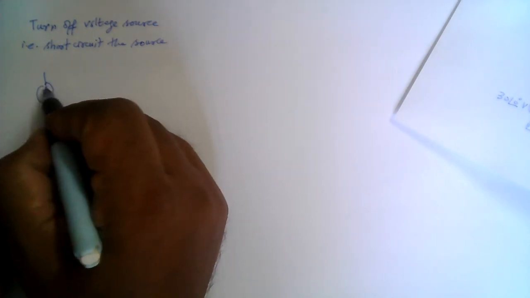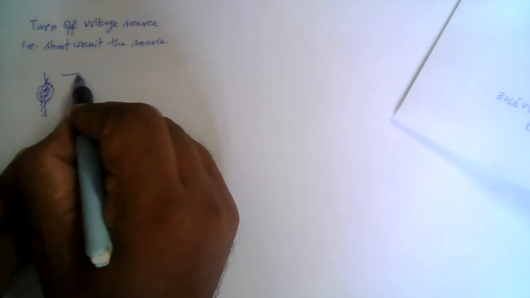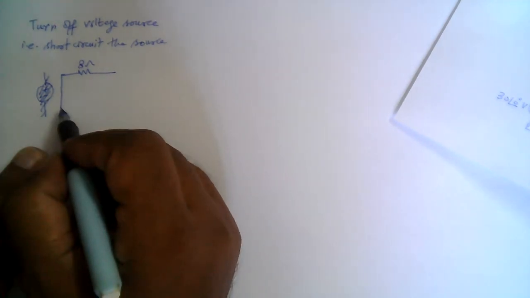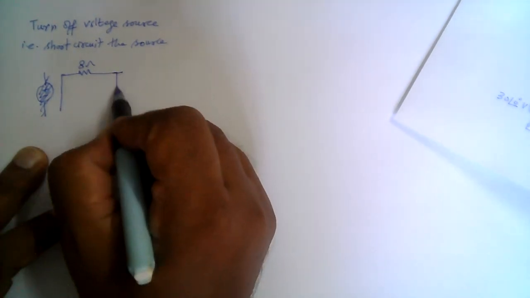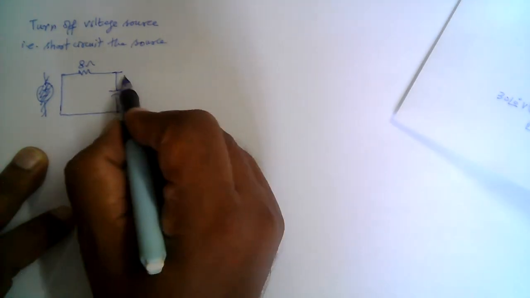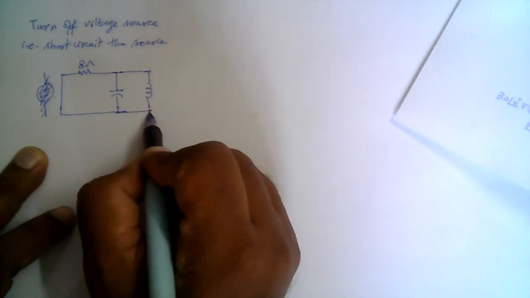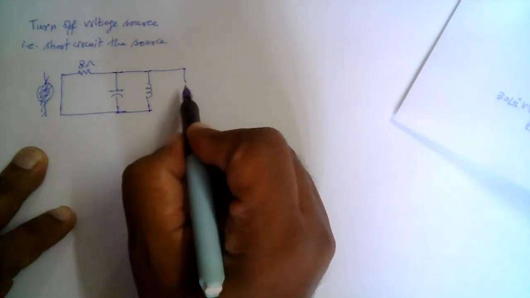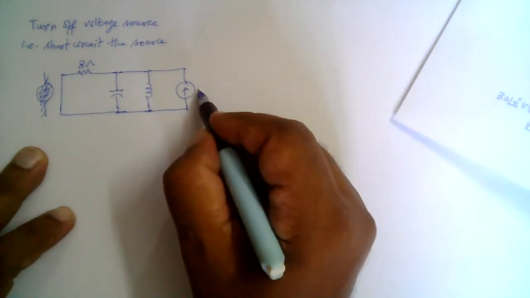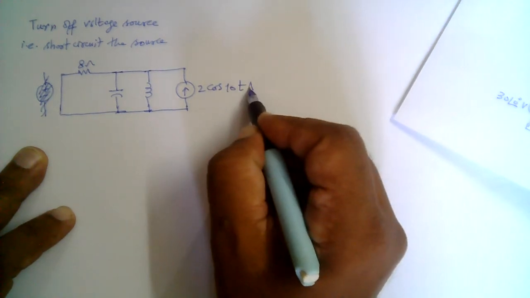Sorry, we need to short circuit it. So this is 8 ohm and this is the short circuit, right? And this here is the capacitor, this here is the inductor, and this here is the current source, and that is 2 cos 10t amperes.